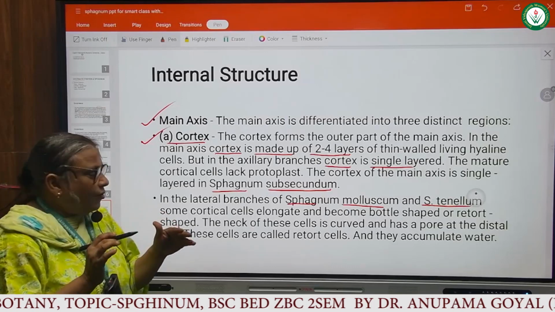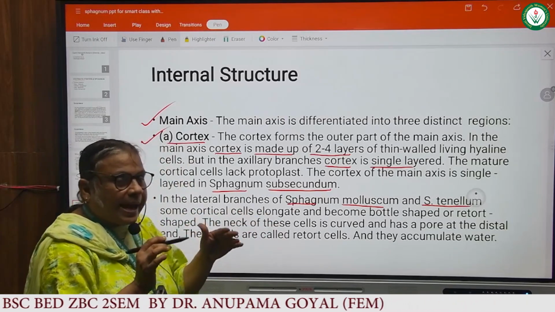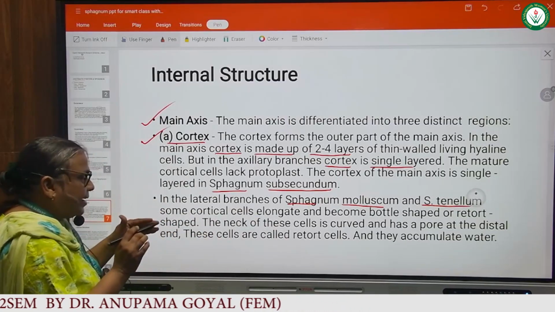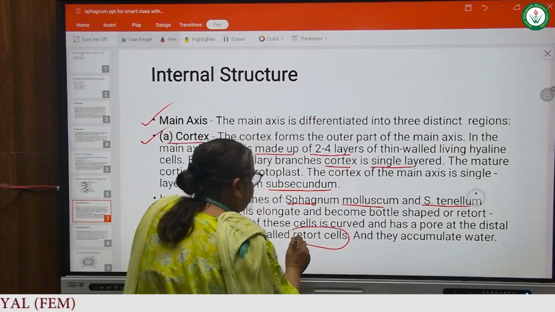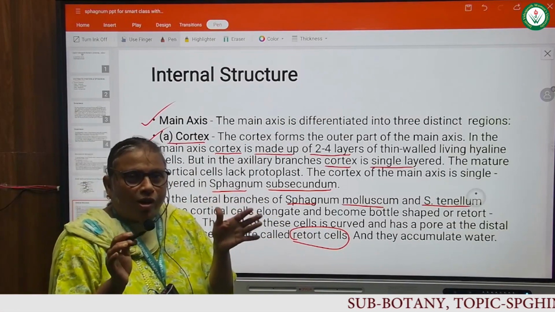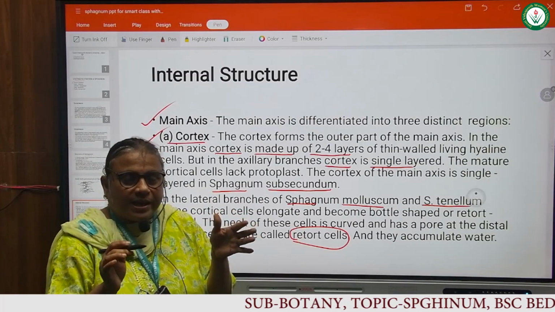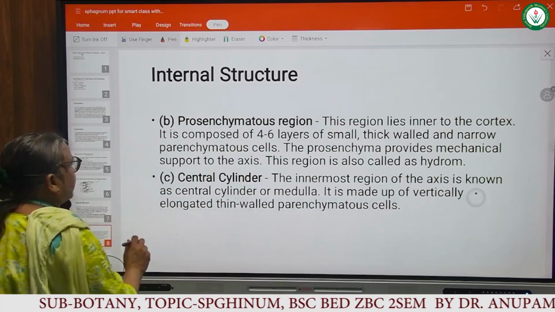The neck of these cells is curved and has a pore at the distal end. These cells are called retort cells, and they accumulate water. So what is the function of the retort cells? They help in the accumulation of water in sphagnum.